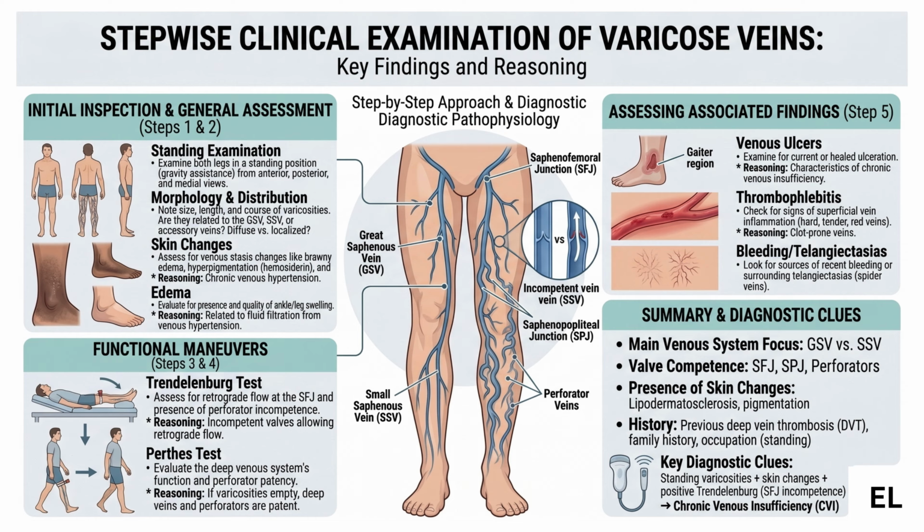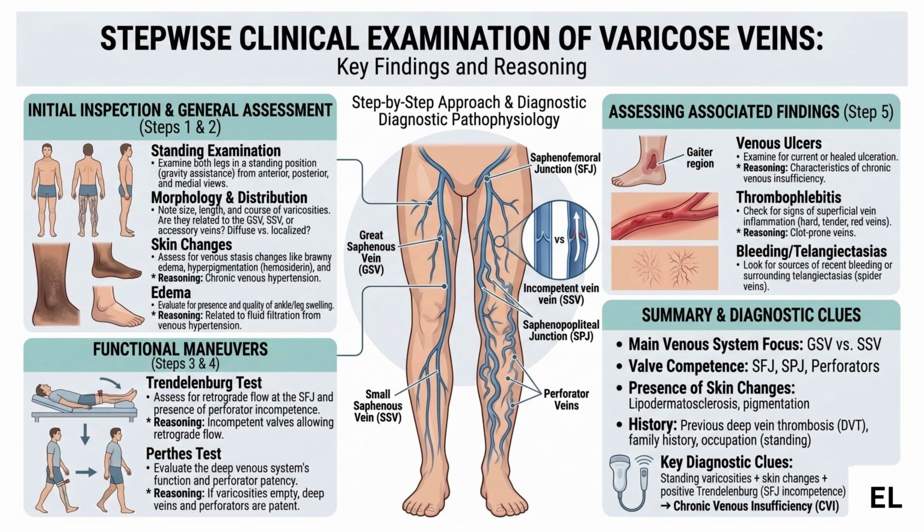In chronic venous insufficiency, these valves become incompetent, allowing blood to reflux backward under gravitational pressure. This leads to venous dilation, tortuosity, venous hypertension, edema, skin changes, and eventually ulceration. The saphenofemoral junction and saphenopopliteal junction are common sites of valve incompetence, and identifying involvement of these junctions is crucial during examination and surgical planning.